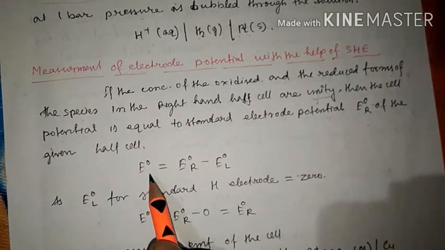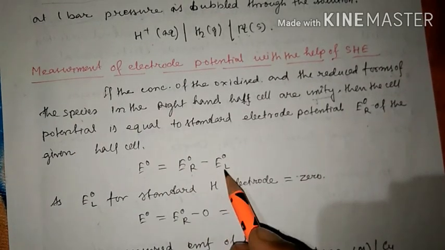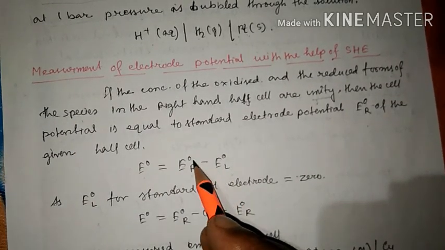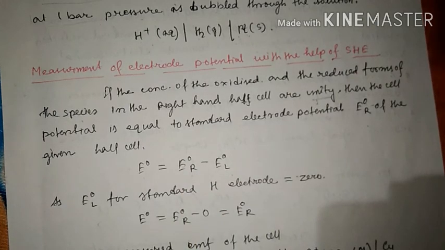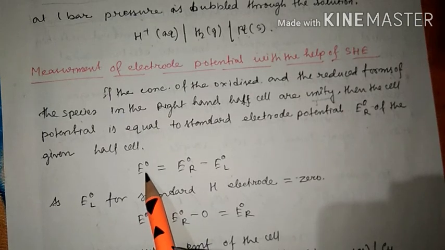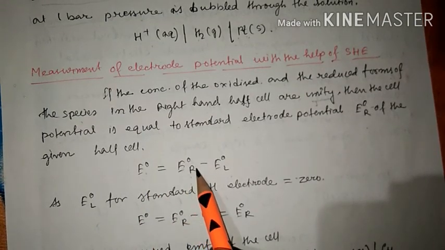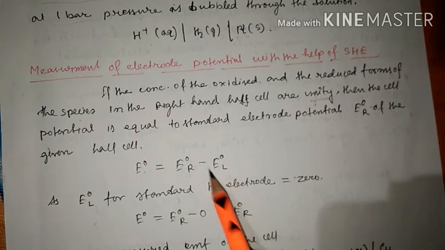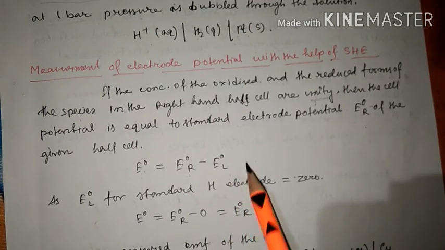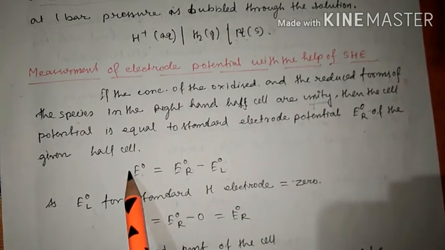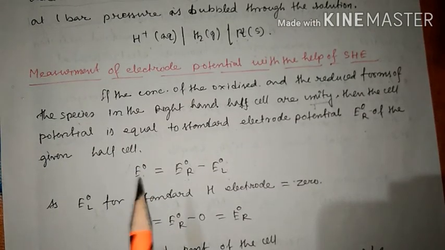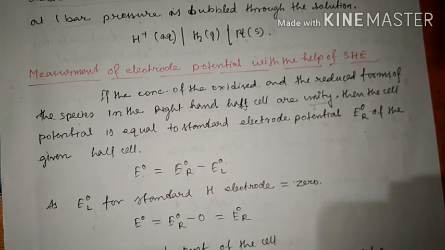You see, E equals E naught R minus E naught L. This naught means standard, where the concentration is 1. That means this is the standard electrode potential for the right hand electrode, that is the cathode, this one is for the left hand electrode, that is the anode, and this is the whole cell potential, that means the standard cell potential.